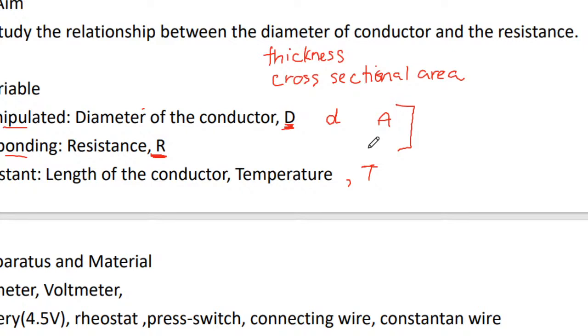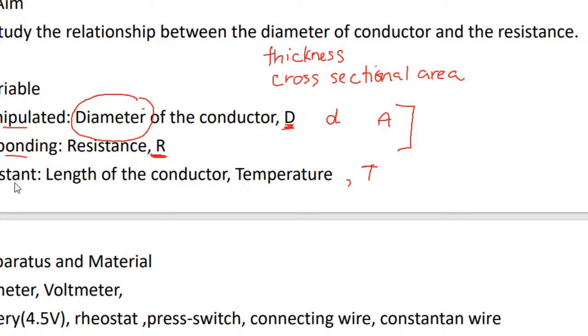Can we mention SWG of wire as manipulated variable? SWG wire. Here, for this case, the diameter of the wire changes. If you are talking about SWG, then it means that the diameter is constant. It will be contradictory. Now, since the experiment is about diameter, the manipulated variable is diameter of the conductor.